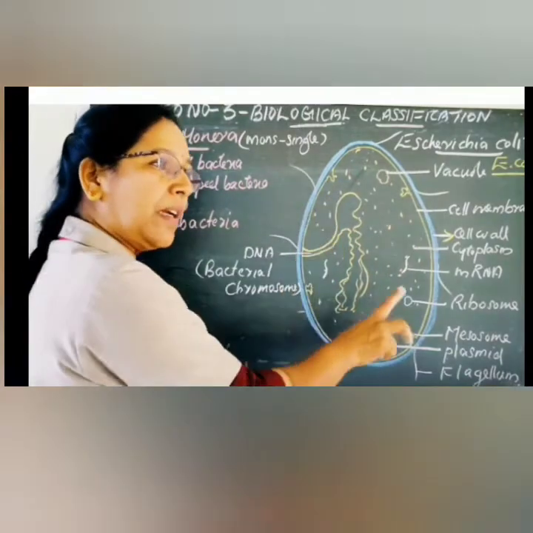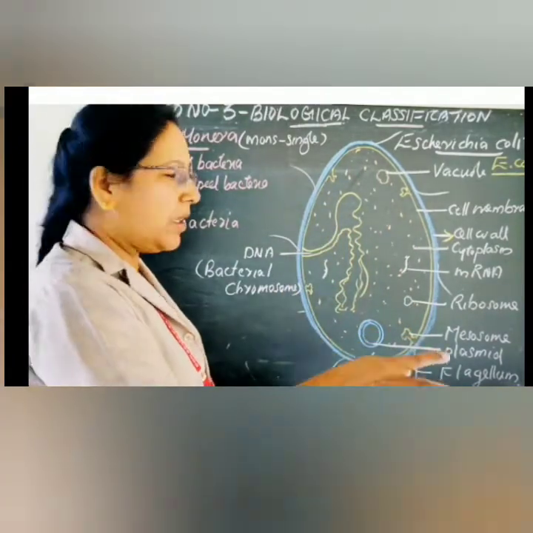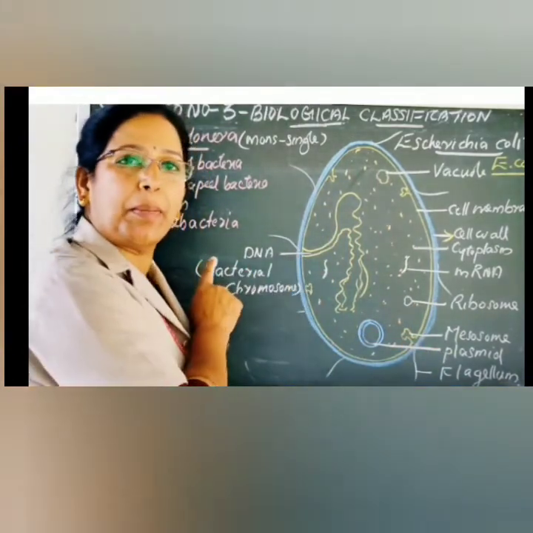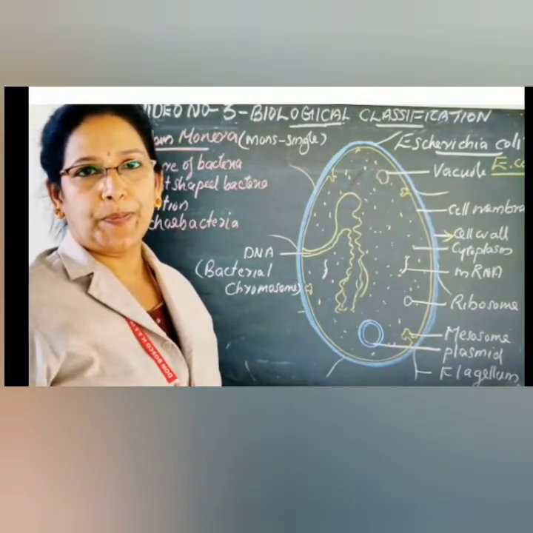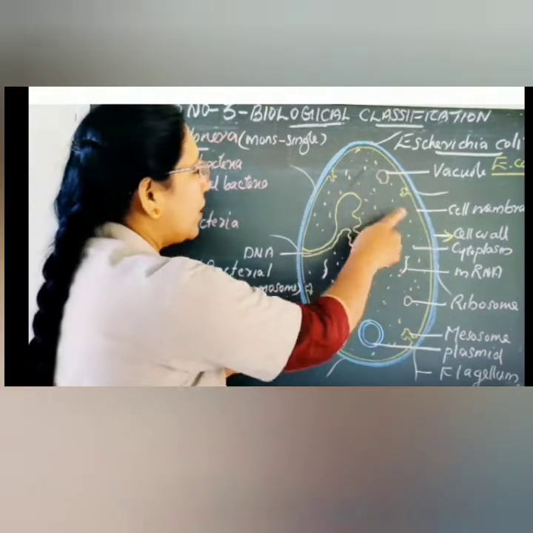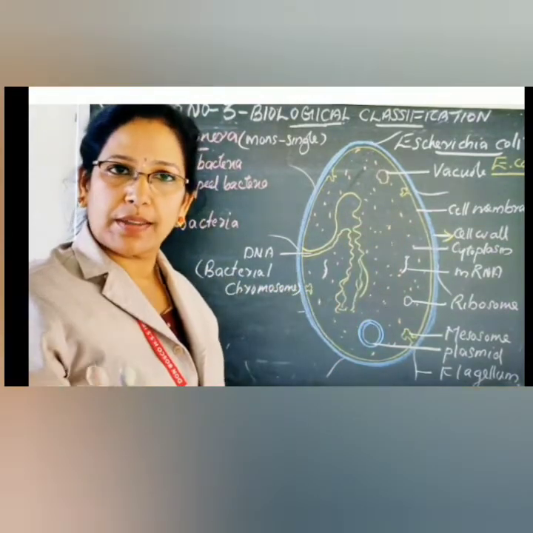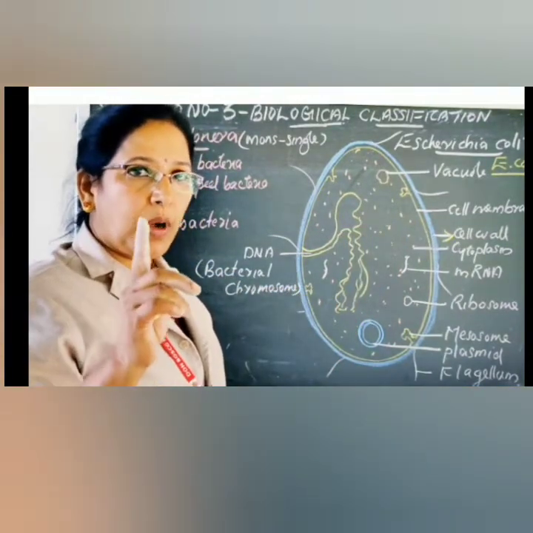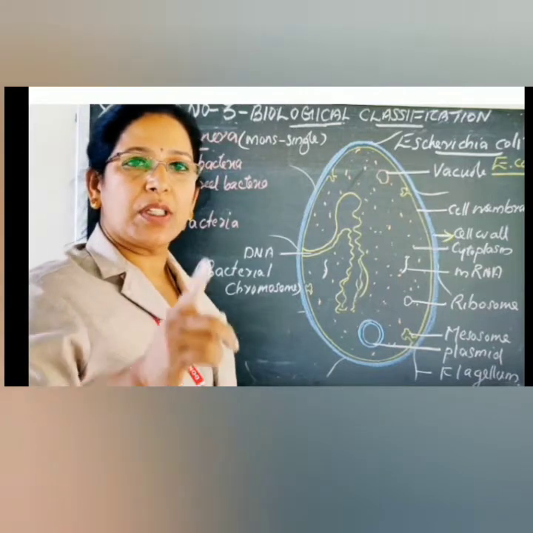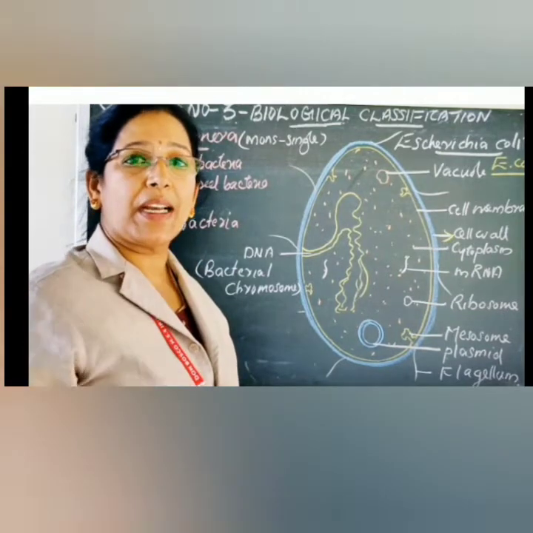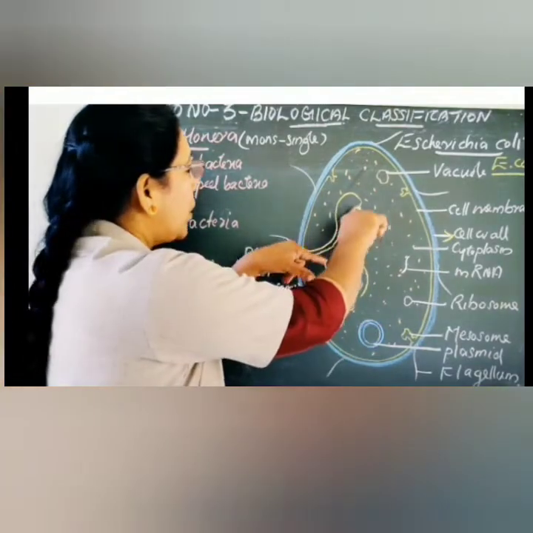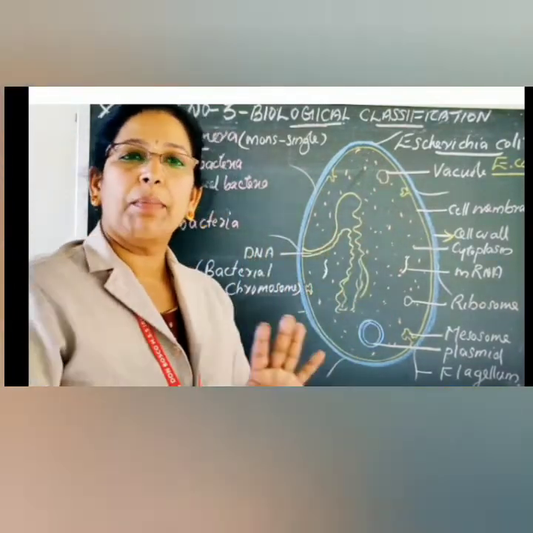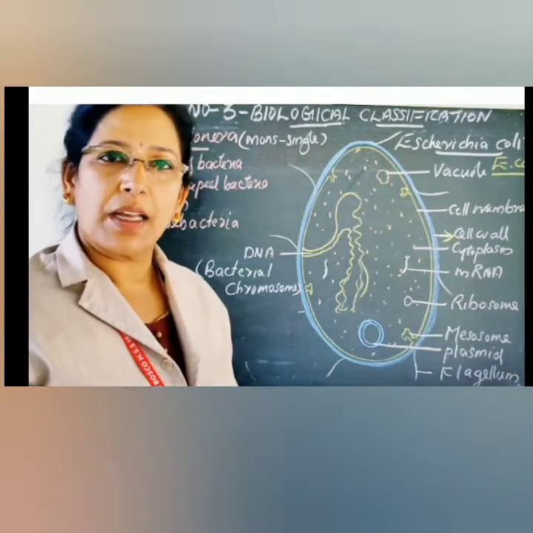It is naked and coiled, attached to the plasma membrane. This is the bacterial chromosome, but here there is no nucleus. One important feature of prokaryote: genetic material is naked and coiled, attached to the plasma membrane. There is no true nucleus. Membrane bound organelles are absent.